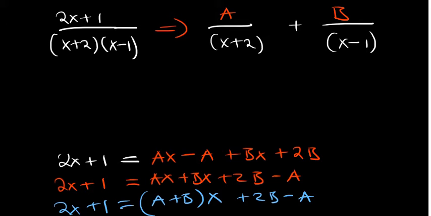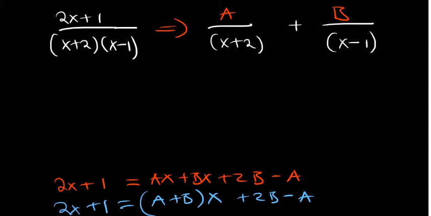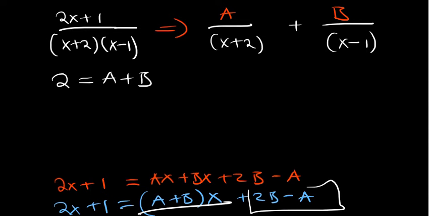At this point, if whatever we have is true, then the part having 2x should be equal to the part having x there as well. So we now have 2 being equal to a plus b, and this constant 1 should also be equated to the parts that do not have any x on the other side. So 1 is also equal to 2b minus a.